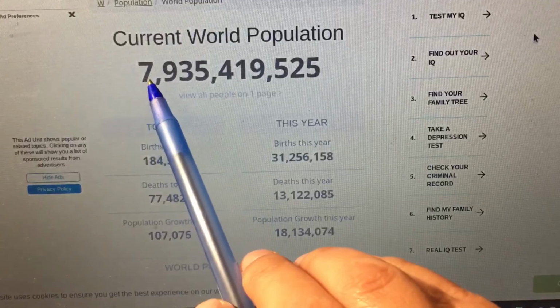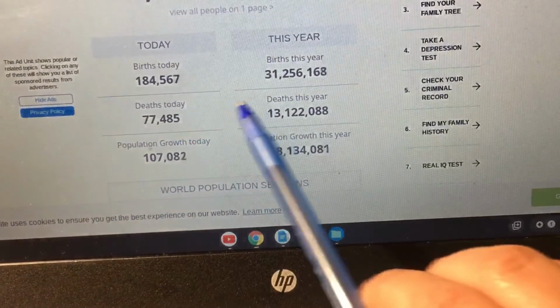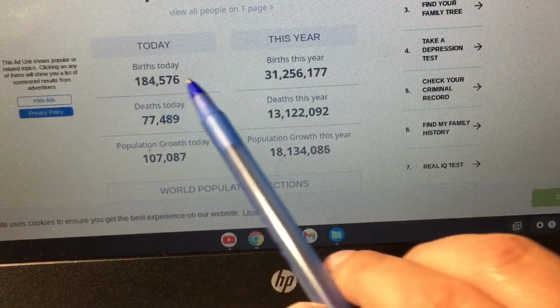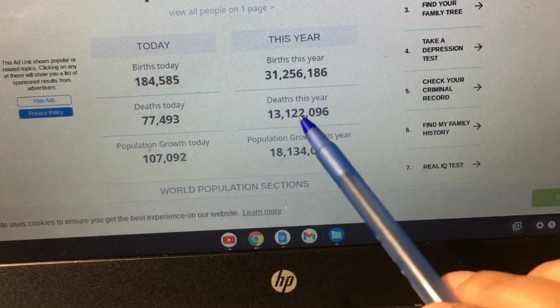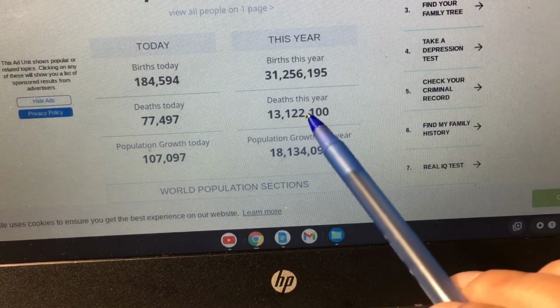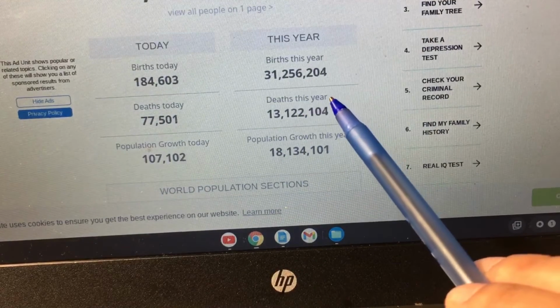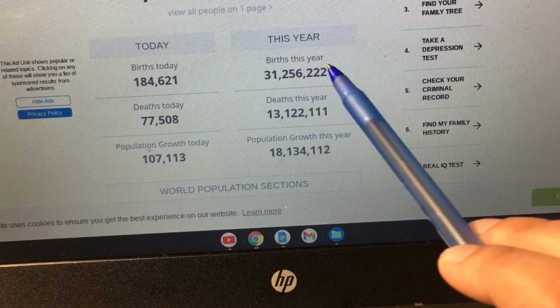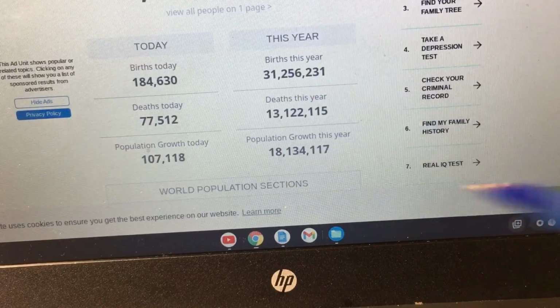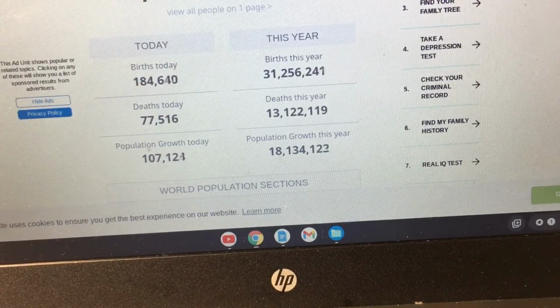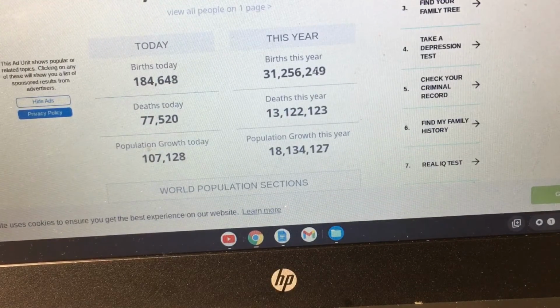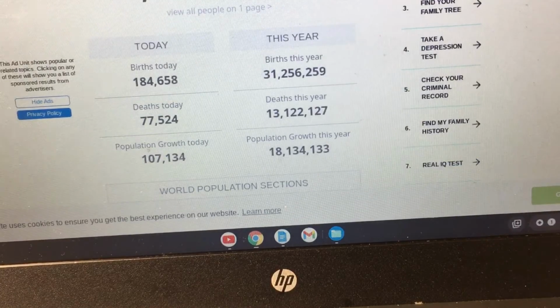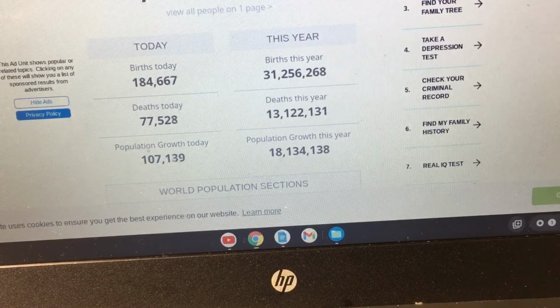This is in the billions, but then this is similar to the previous number, right? Here we have 13 million deaths this year, 31 million births this year. So these are numbers that are in the bigger range, and so that's how we can relate it to what that number is in the millions.